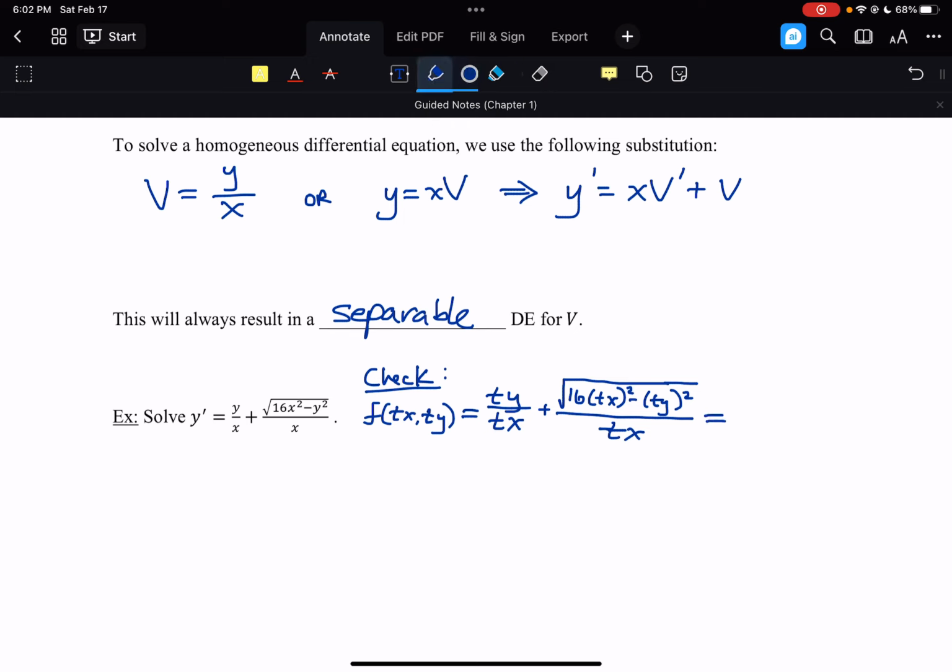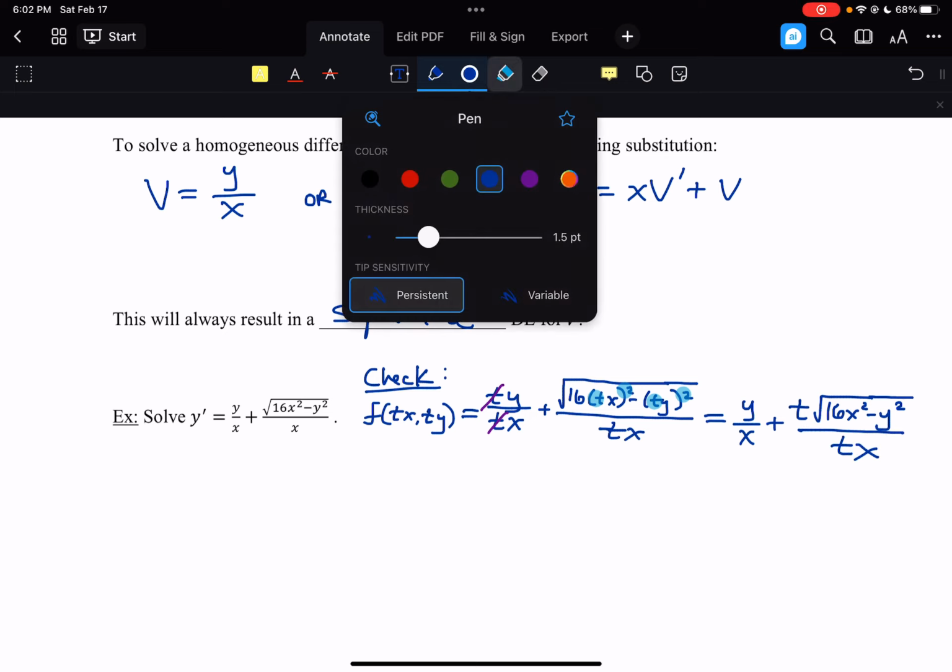So let's see here. These t's are gone, so that's good. This one we have a t squared and a t squared, and it's in the square root. So this is y over x. We can go ahead and pull the t squared out, so it's just going to be t square root of 16x squared minus y squared over tx.